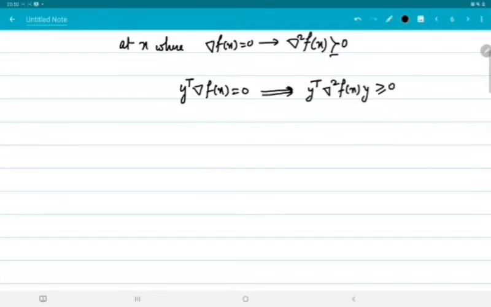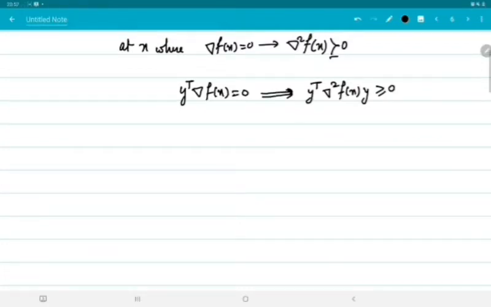So this means that this del f of x is the gradient, and this y transpose is giving an inner product. The inner product between a vector and the gradient is 0, so it defines a plane, not a plane, it defines a subspace which is orthogonal to the normal, the gradient. If we take any vector in that subspace, for those vectors the quadratic expansion is non-negative.